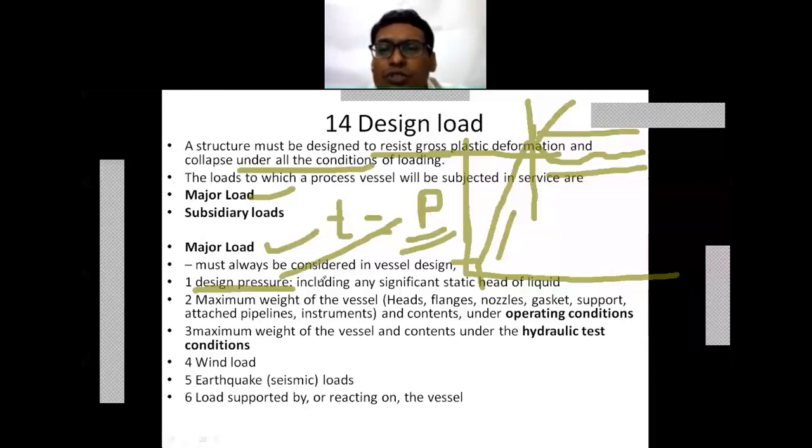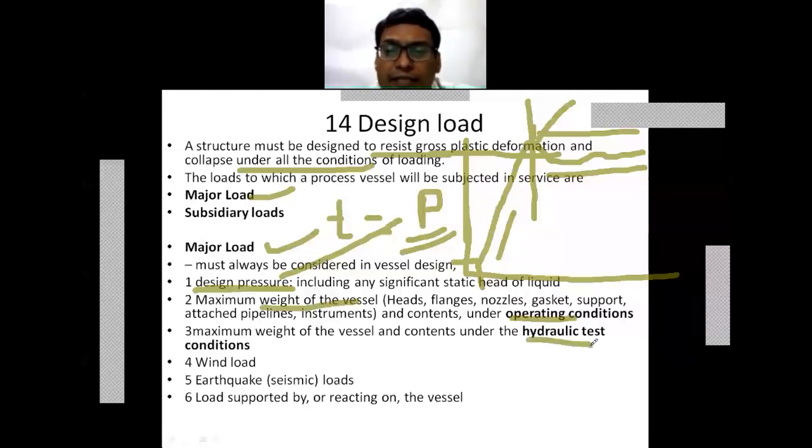It includes any significant static head of the liquid also. Then the maximum weight of the vessel under the operating conditions and or the hydraulic conditions.